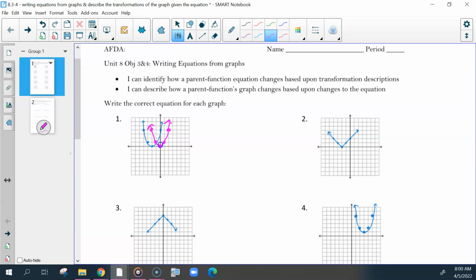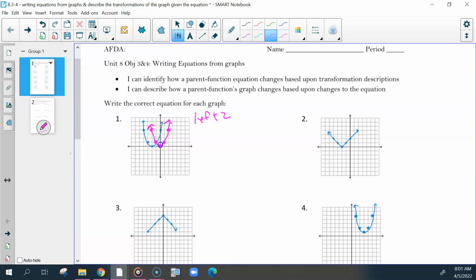So comparing this to where it actually is, what happened? Like 2 units. So I'm just going to shorten it and just put left 2. Now this goes back to what we were just doing, taking those words and writing them in equation form. Left 2, would that be inside or outside?